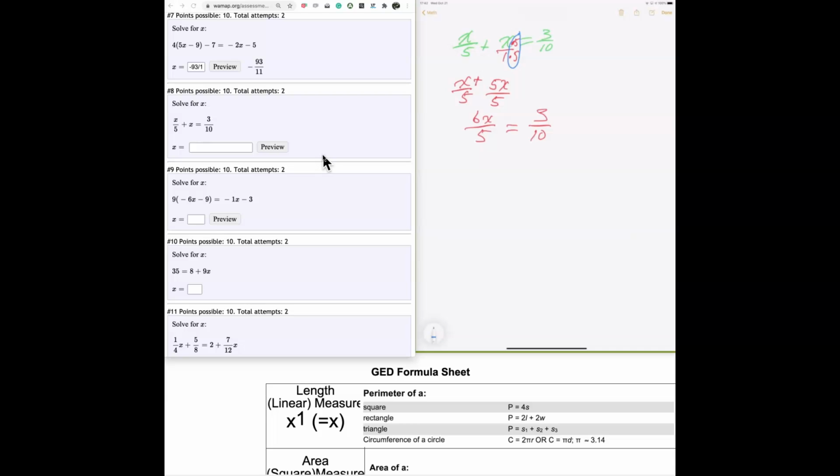All right, so this 6x over 5 is equal to 3 over 10. So now we have to move on to the next step. So what should we do?